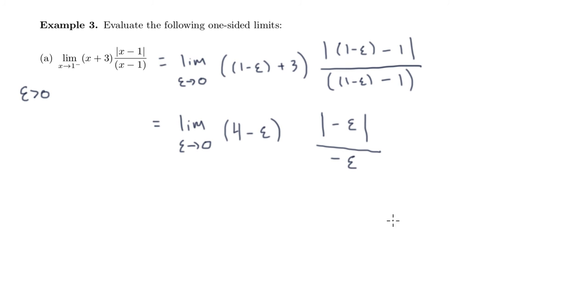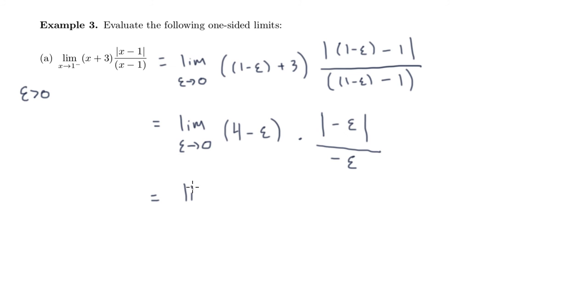But here you're really going to see the advantage of using epsilon being a positive number, because the absolute value of this number is just going to be epsilon, because negative epsilon is a negative number. So when I take the absolute value, I'm just going to get positive epsilon.